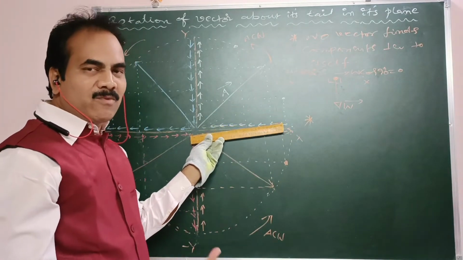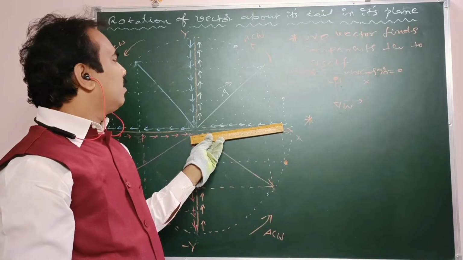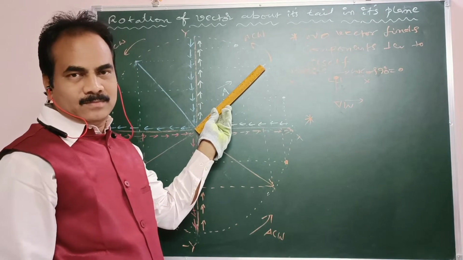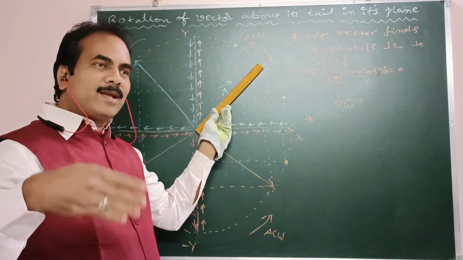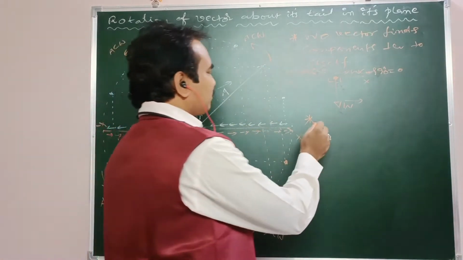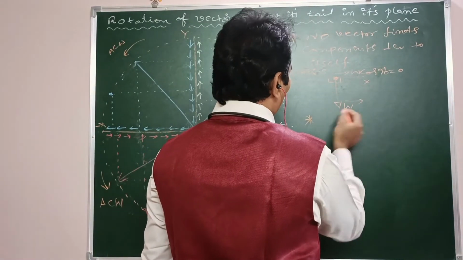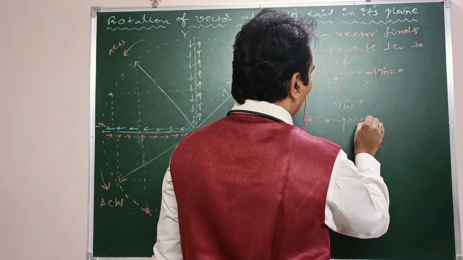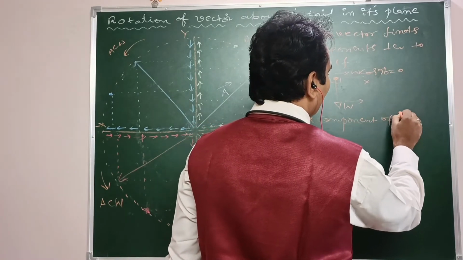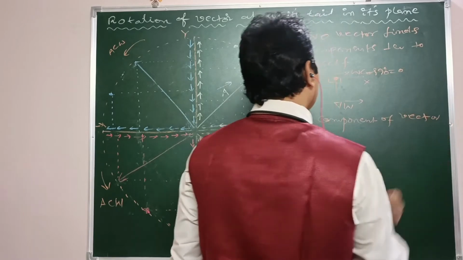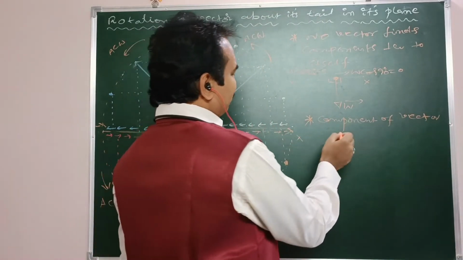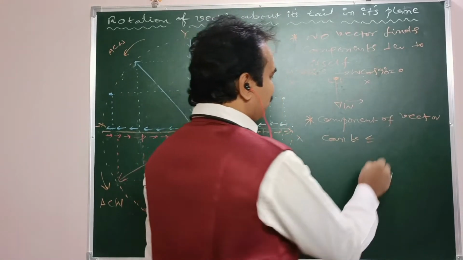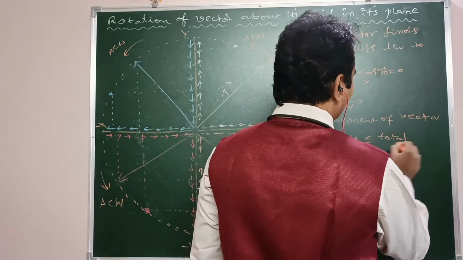Component of a vector may also be less than its total magnitude. We can conclude both like that. Means a rectangular component of a vector can be less than or equal to the total magnitude.